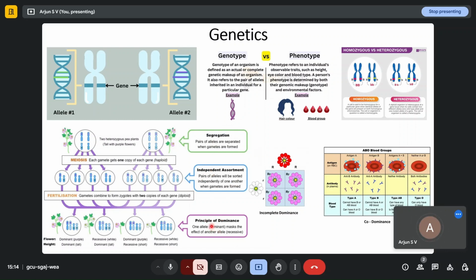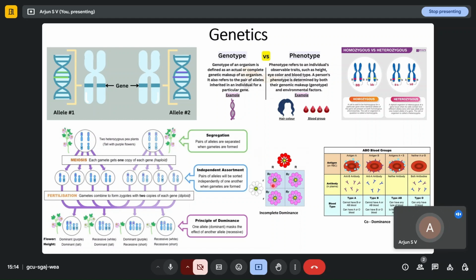And towards the end of the lecture, we also saw more examples of incomplete dominance, which is part of non-Mendelian genetics. So, non-Mendelian genetics has three categories: incomplete dominance, codominance, as well as multiple alleles.